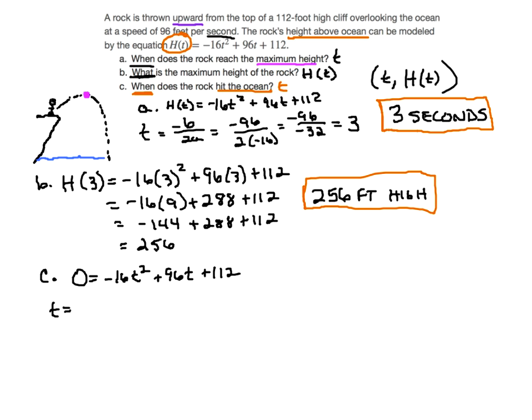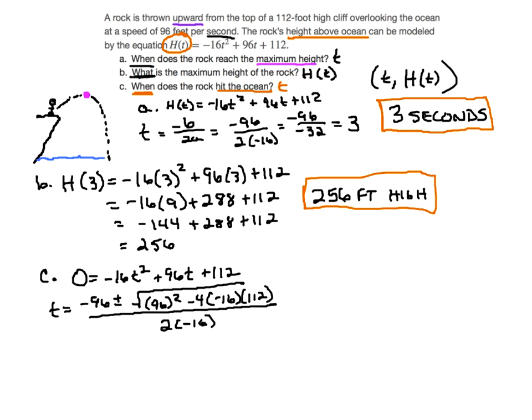I'm going to use the quadratic formula for this. t is equal to the opposite of b plus or minus the square root of b squared minus 4ac, all over 2a.